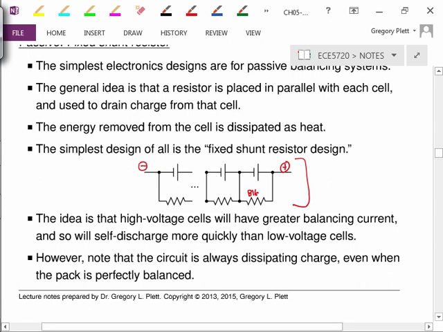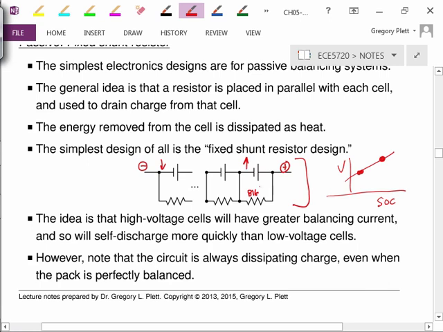The idea is if I have a cell with a high state of charge and a cell with a low state of charge, the high state of charge cell is going to have a higher voltage. So if I look at state of charge and voltage, and somehow I've got some plot that looks like this, the higher state of charge has a higher voltage than the other one.